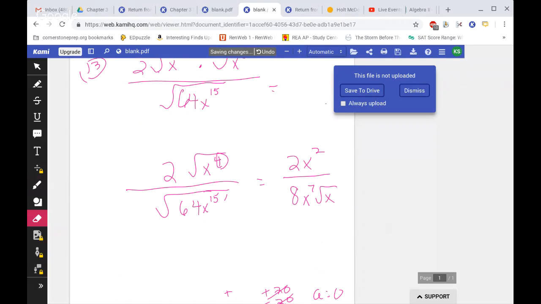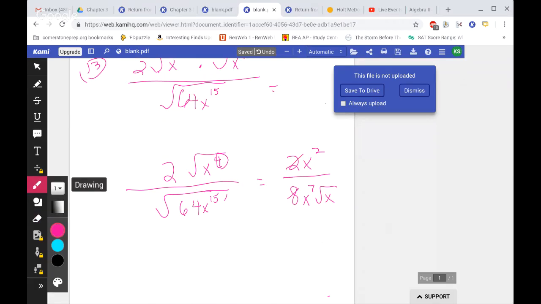Okay. So now I can't leave a radical in the denominator, right? Because that's a no-no. And the other thing, I can cancel that out. So that's going to leave me with an x squared and then a 4x to the 7 with a radical of x. The other thing I can do is it's 2 minus 7, right? Yeah.